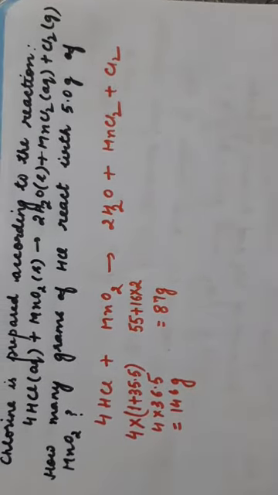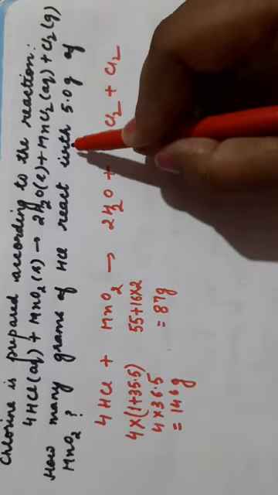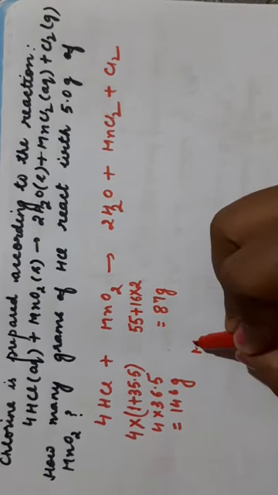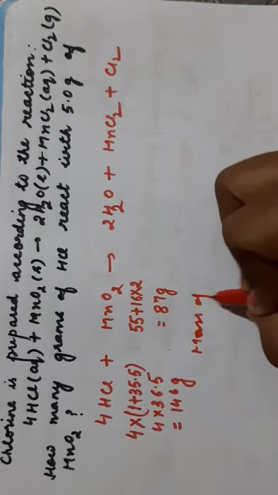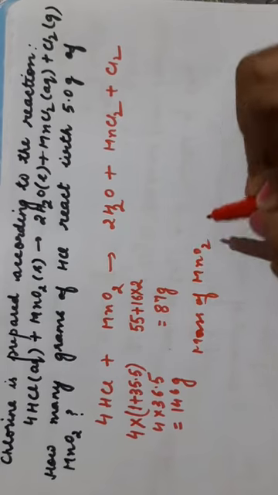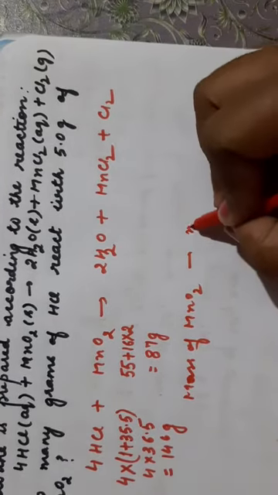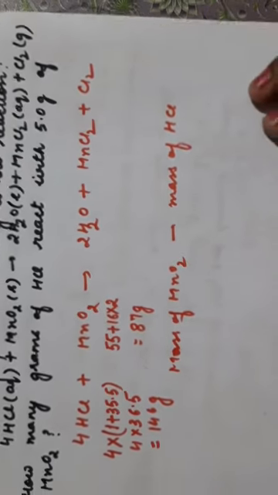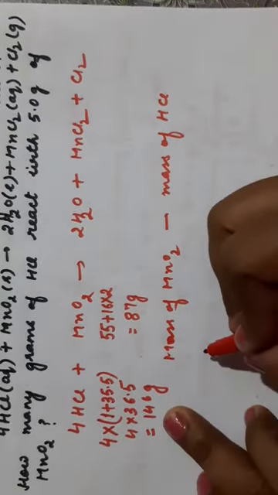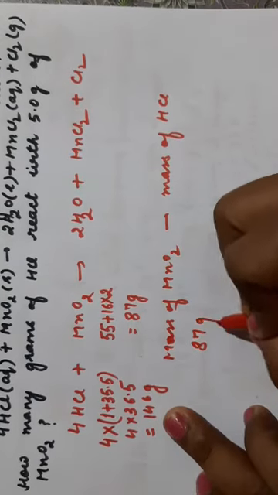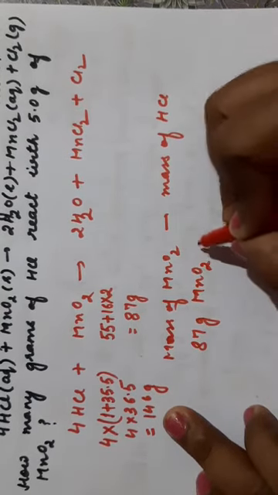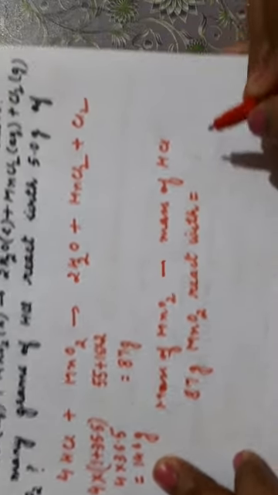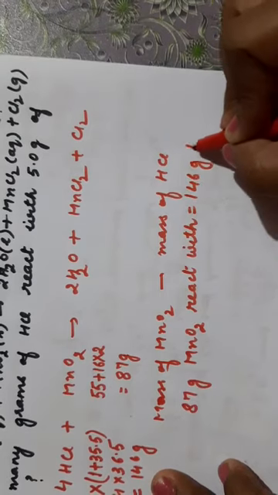Clear? Now you are asked how many grams of HCl react with 5 gram of MnO2. So what is given to you? MnO2. So mass of MnO2 you will write this side, and mass of HCl you will write this side because you have to find this. Clear? Now according to balanced equation, first we will write 87 gram MnO2 reacts with 146 gram HCl.